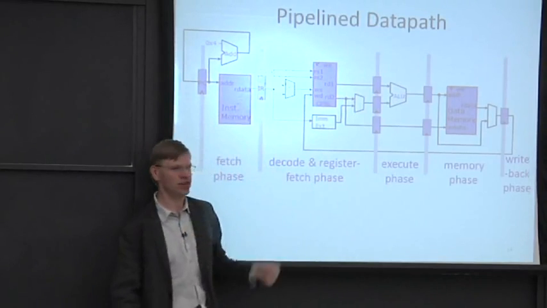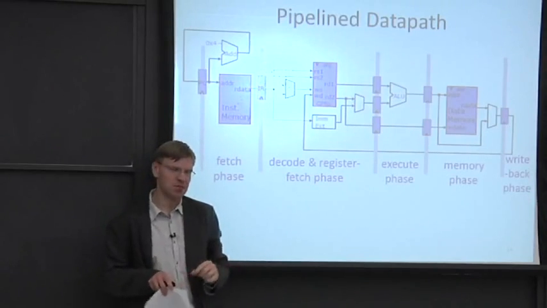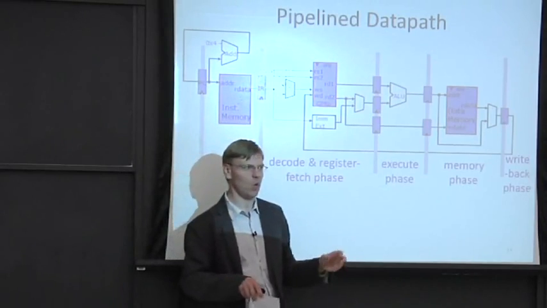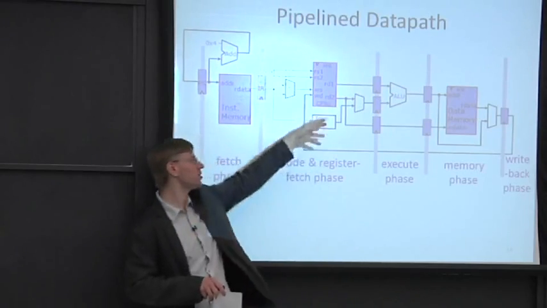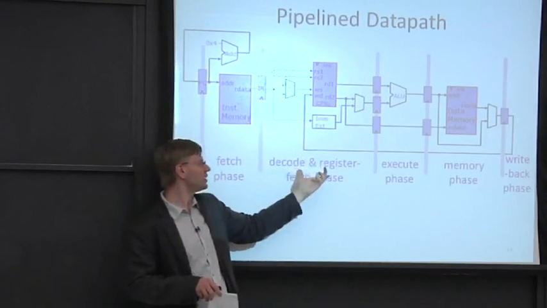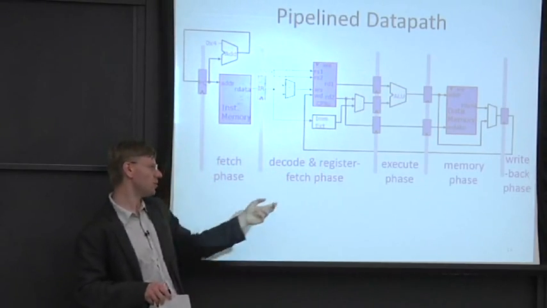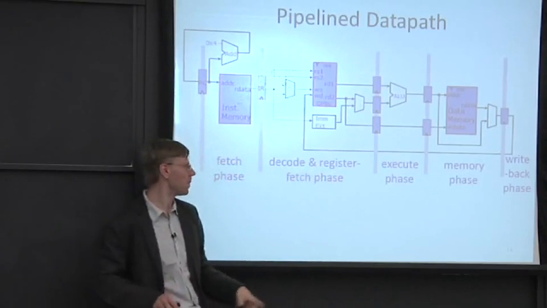Decoding the instruction is how we take the tightly packed bits in the instruction and blow them up into control wires. And in the register fetch phase, we actually fetch from the register file. We'll denote this sometimes with uppercase D, or sometimes with RF, for register fetch.